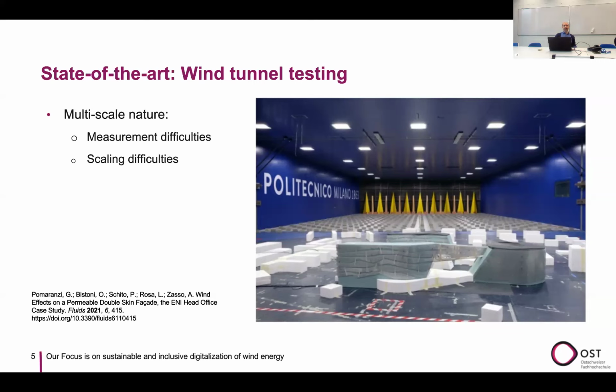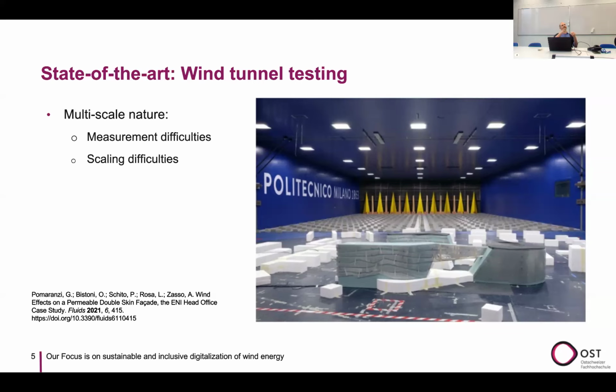And the difficulty there is, to do it properly, you have to scale, because obviously the small model is not the same, and there are scaling laws. And the problem is the double skin facades are quite difficult to scale. Another one is measuring pressure. When these structures are scaled, they become so small that you cannot properly scale them.